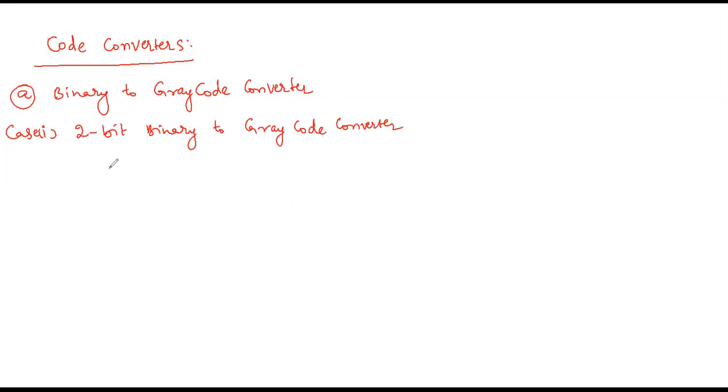Code converter is nothing but a combinational circuit. At input we will apply one code and the circuit will convert it into another code.